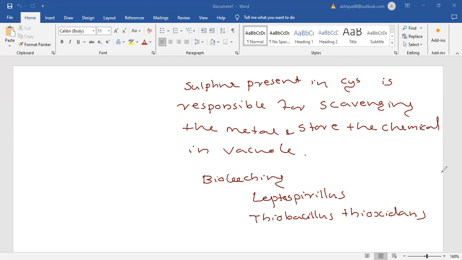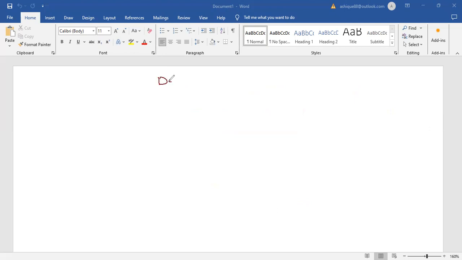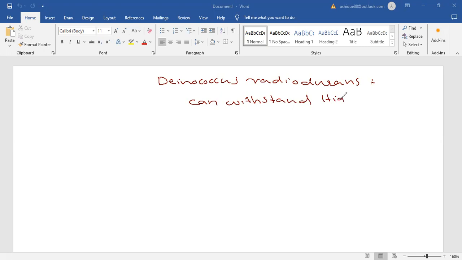Another special organism is Deinococcus radiodurans. What is the specialty of this organism? It can withstand high radiation.